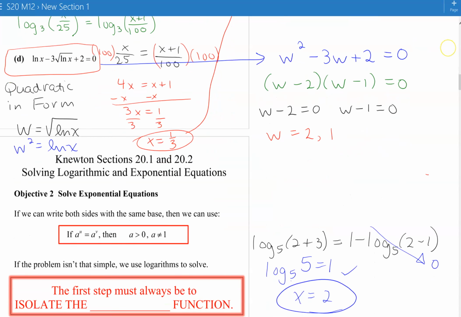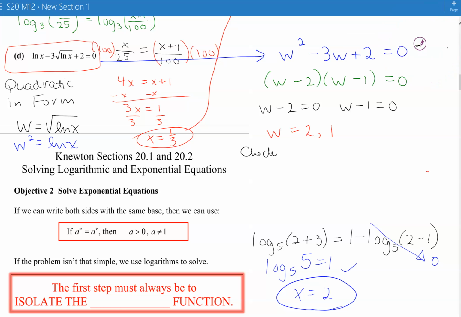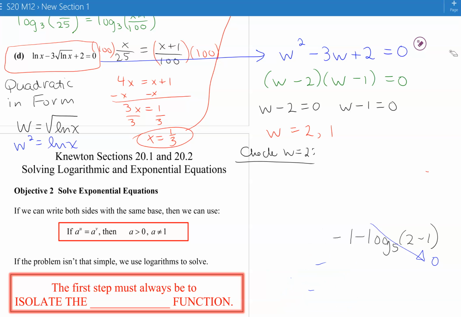So let's go back to our equation and check w equals 2. So I'll have 2 equals square root of the ln of x. That would be w equals 2.